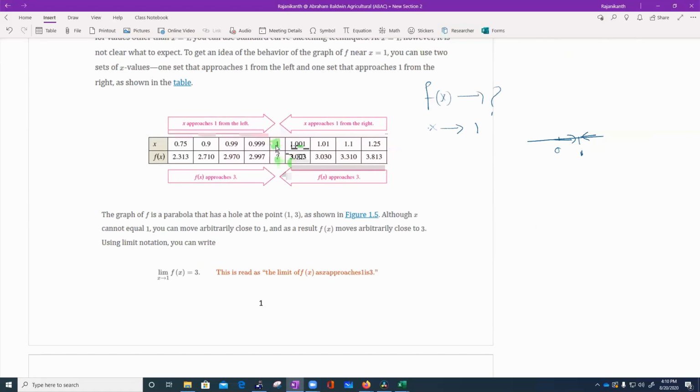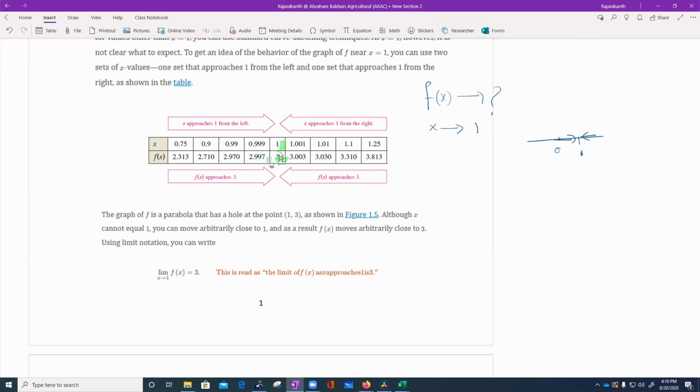So when x goes very close to 1, what will happen with my function value? What is your conclusion by looking at the table? That it's going to be very close to 3, if not exactly 3.